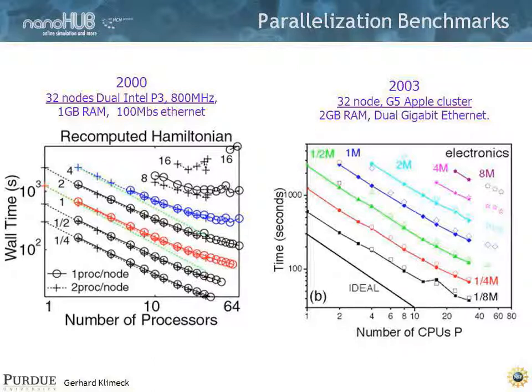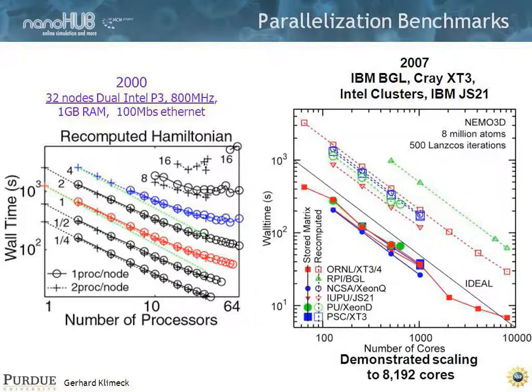And then in 2007, I wrote a proposal to drive this a step further, and we did a bunch of benchmarks of NEMO3D on a bunch of then available machines in 2007. We scaled NEMO3D to 8,000 cores on a Cray XT3 or an IBM Blue Gene, and we ran on a bunch of other machines up to, say, 1,000 cores. So the code scales pretty well.